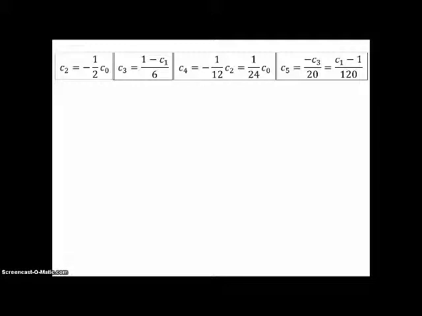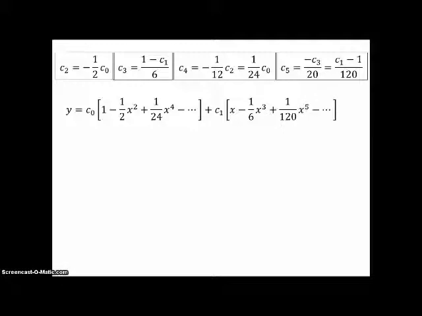C0 and C1 are unknown and are just by themselves, and then these other ones we've solved for. Now what we have to do is group all the powers of x which happen to be even with C0, and then if we take half of the odd ones, we can pull out a C1.